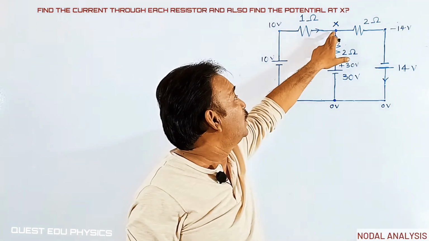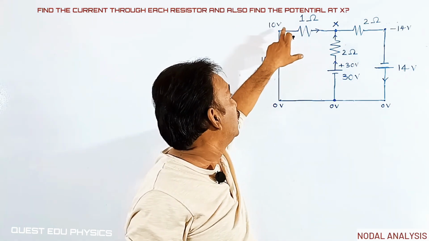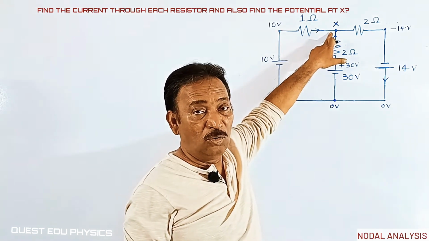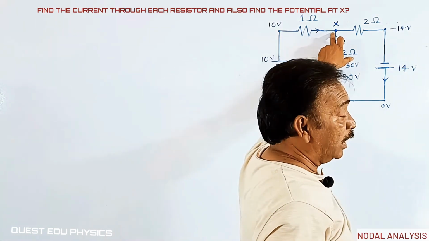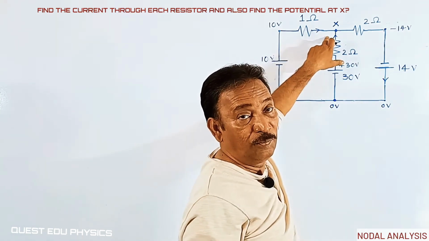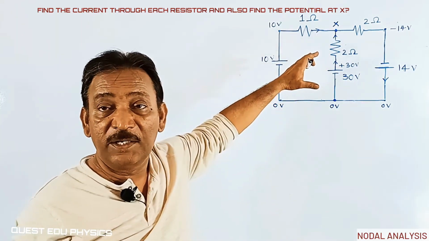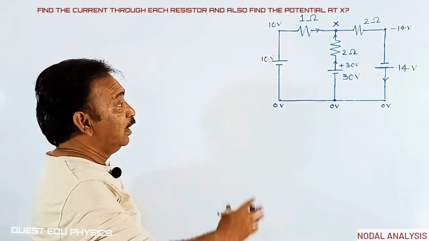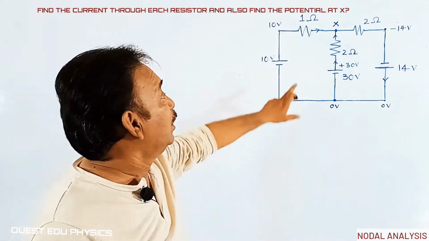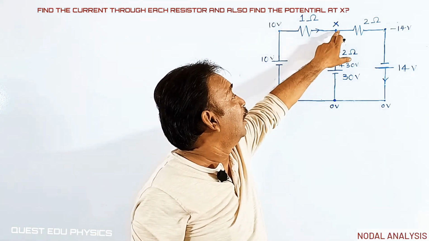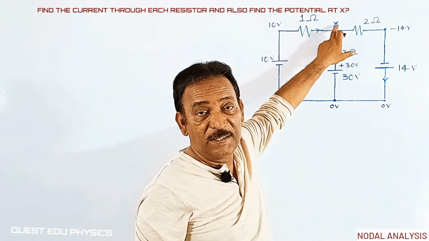Here the potential is 10 volt, here it is unknown, and the other branches are known or unknown accordingly. By choosing the Kirchhoff junction law, we can solve this circuit. Let's adopt the Kirchhoff junction law at the point where the potential is X.